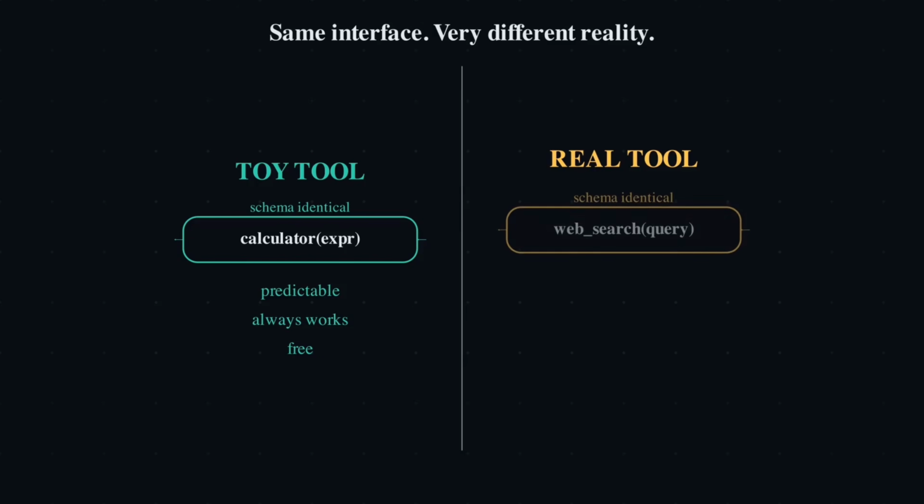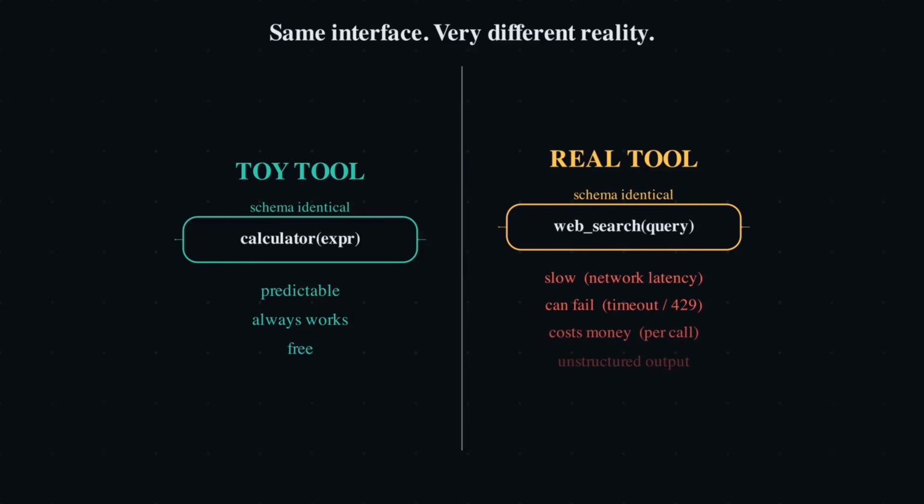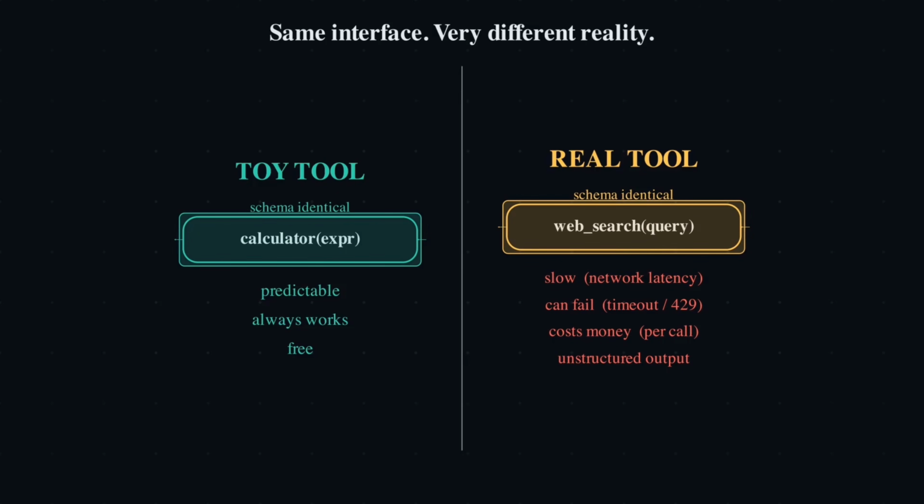Sometimes the API is slow, sometimes it's down, sometimes you ask for a document and it returns HTML you have to parse. Sometimes the request costs money. And here's why it gets interesting: the agent has to deal with all that, not you. The agent reads the error, adjusts and tries again, which is powerful, and which is also why you need guardrails.